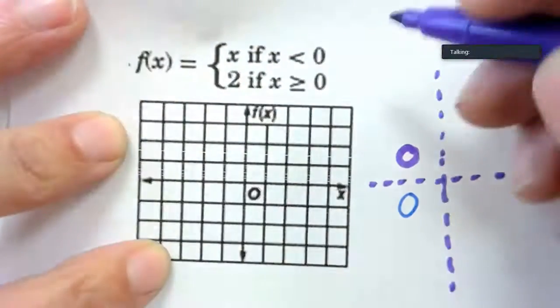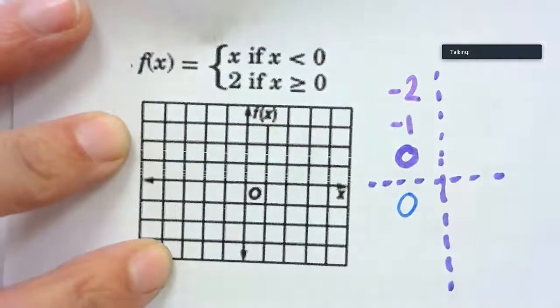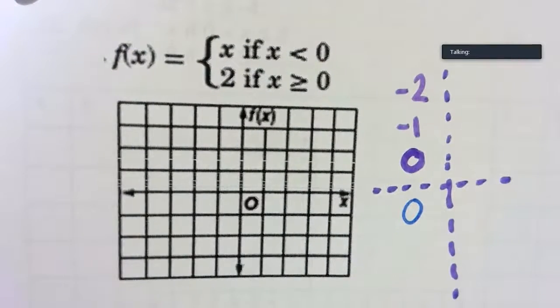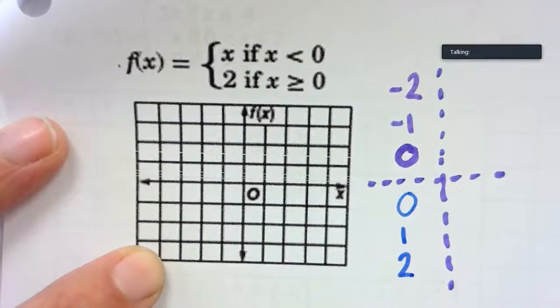Numbers less than 0 are -1 and -2. Numbers bigger than 0 are +1 and 2.